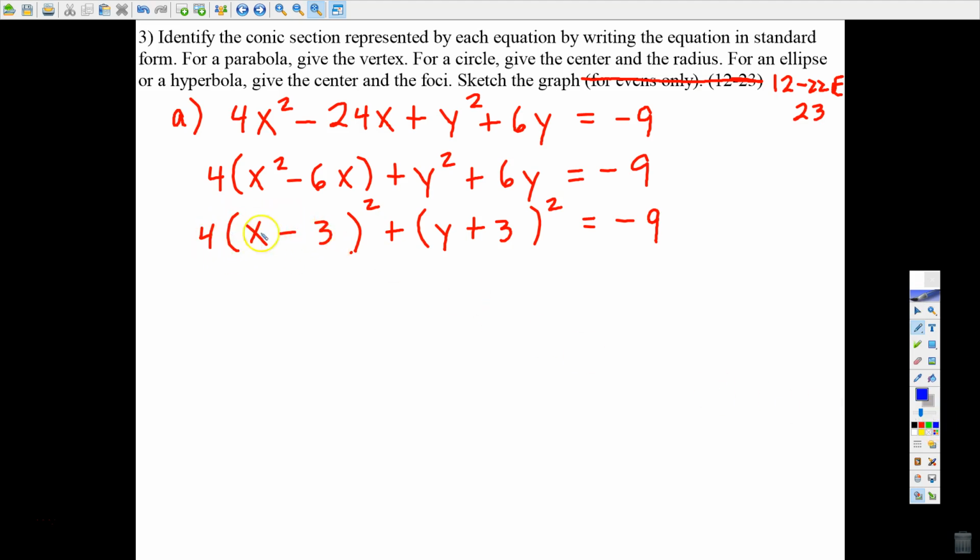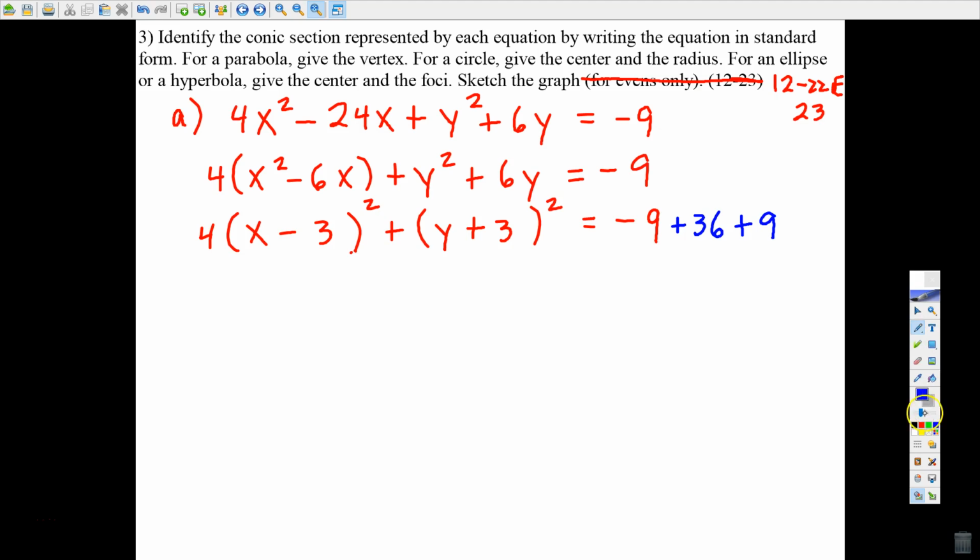On the left side of the equation, negative 3 squared is 9, and 9 times 4 is 36. So I'm out of balance at this point on the left side of the equation by plus 36. So to balance it out, I'm going to add 36 to the right. Over here, I'm out of balance by 3 squared, which is 9. So I'm going to add that 9 also.